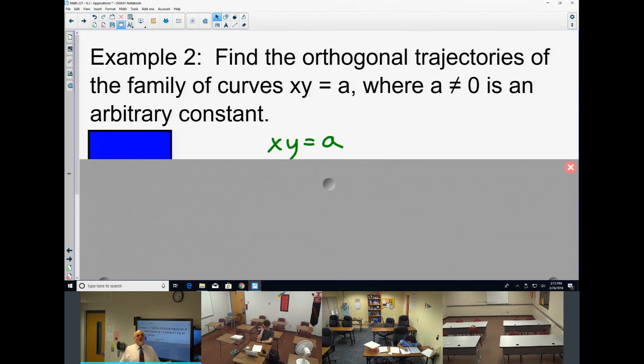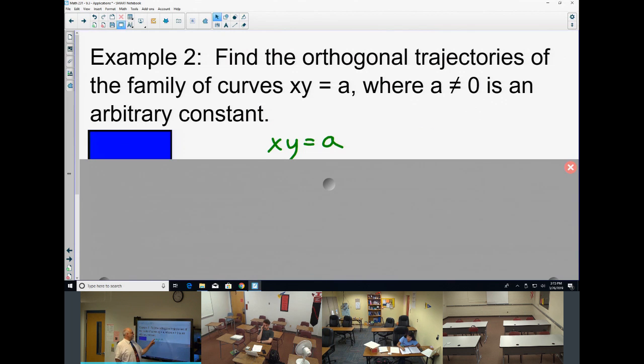What did we do in Calc 1 to find the slope? Would you take the derivative? Take the derivative, okay?